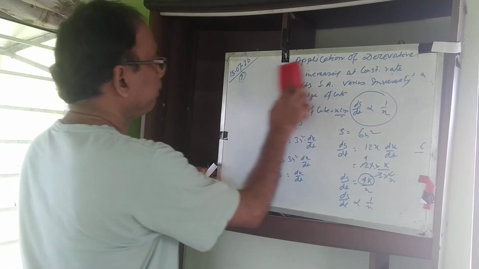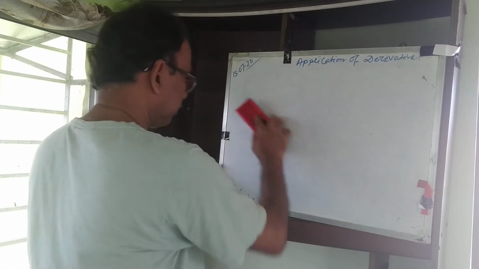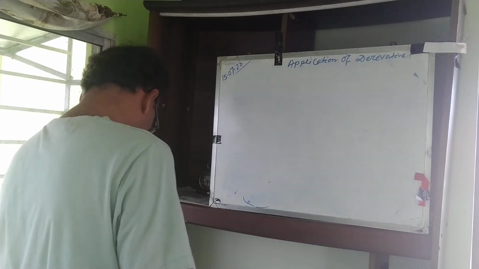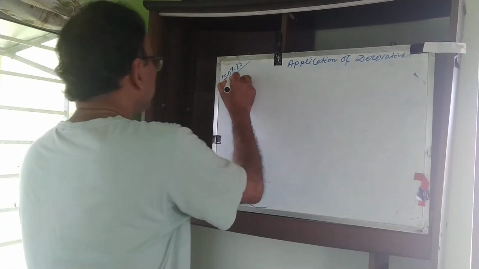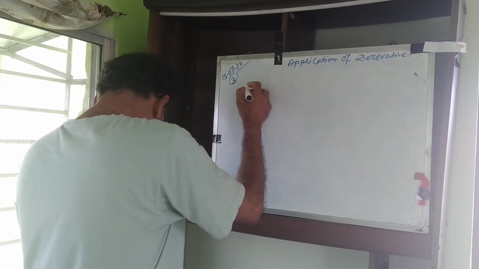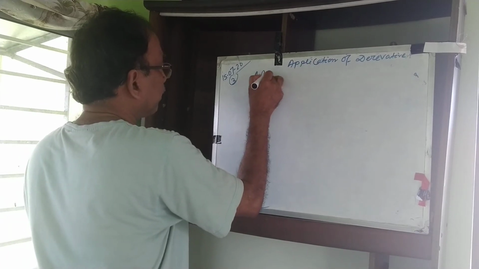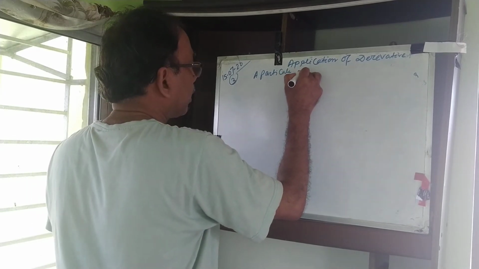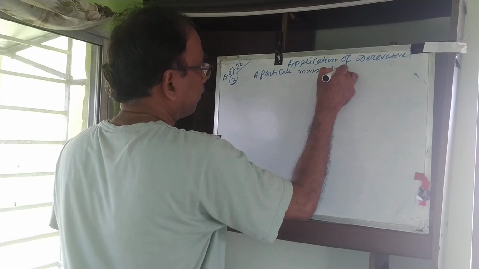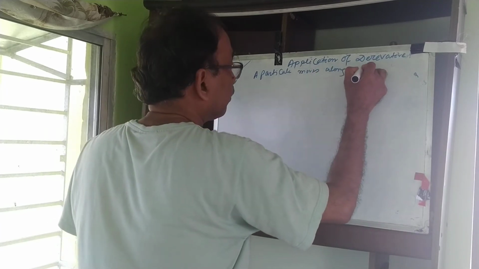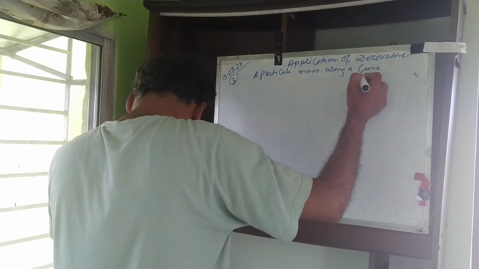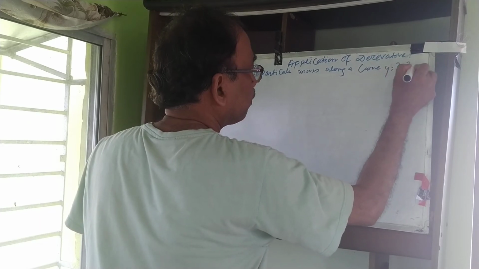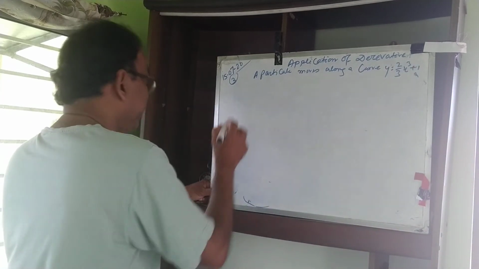Next, sum number 3. A particle moves along the curve y equals 2/3 x³ plus 1.